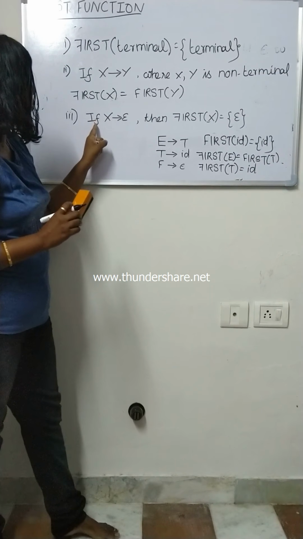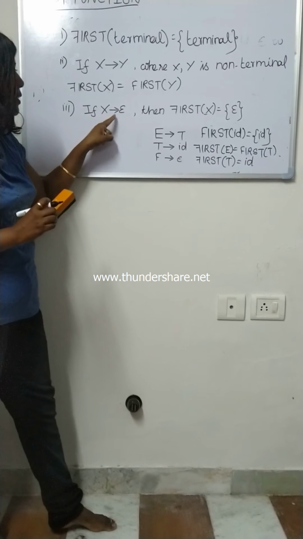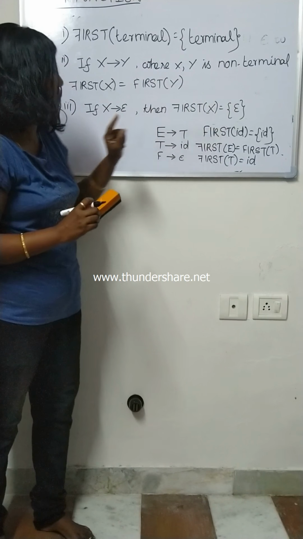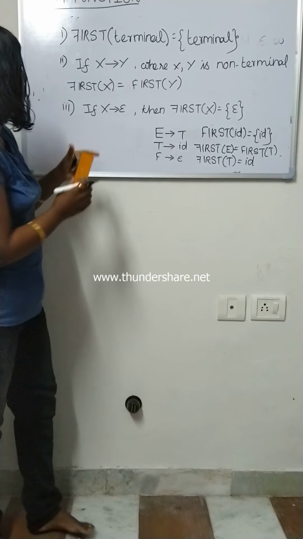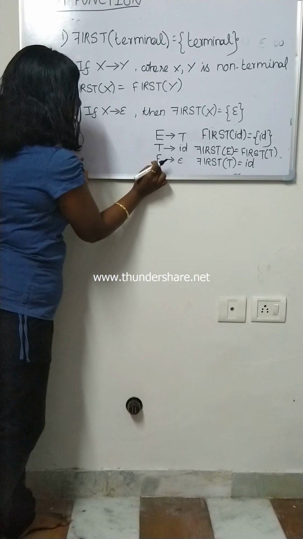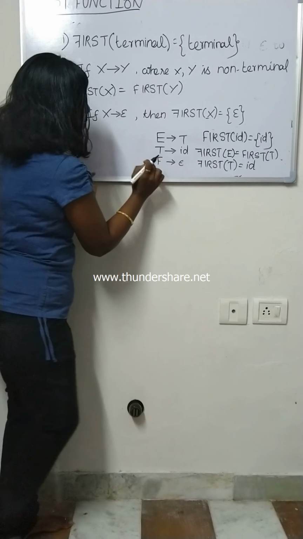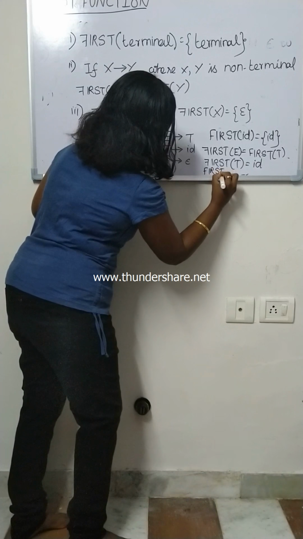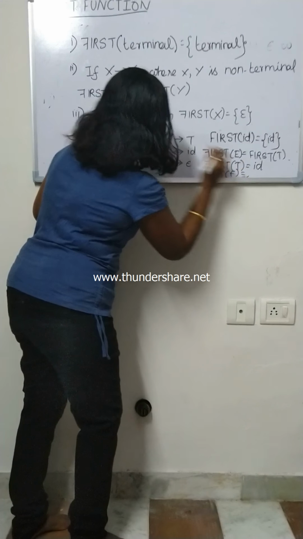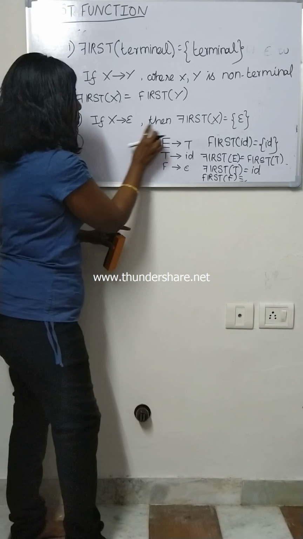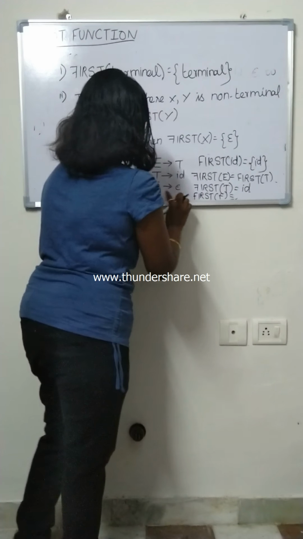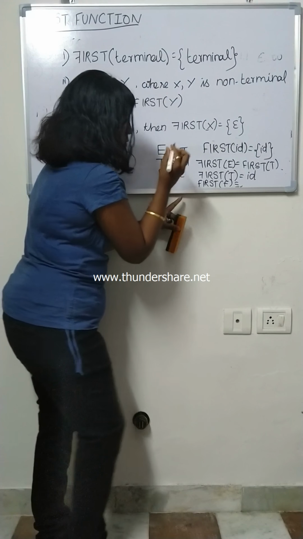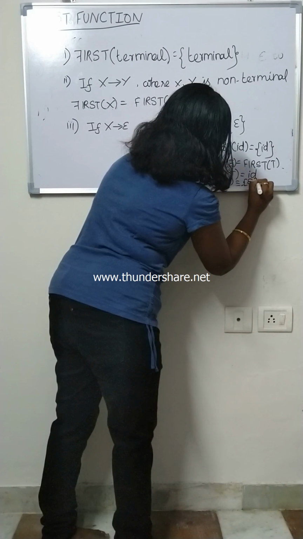Now the third rule is, if X derives null value, then first of X is equal to null value. In this case, suppose I take this example, F derives null value. If I want to find first of F, then after the arrow the first character is null value, so I am writing null value.